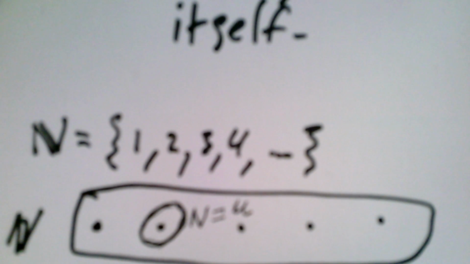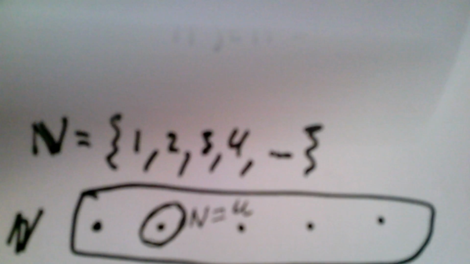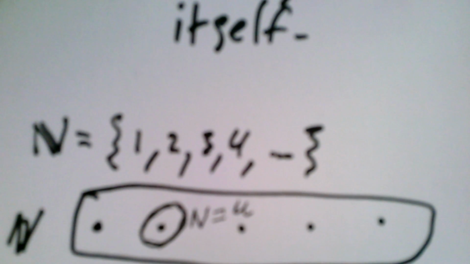Okay, so co-meagerness. Co-meagerness was, if some set is meager, then its complement is co-meager. So this is going to lead us to our definition of almost homeomorphic.